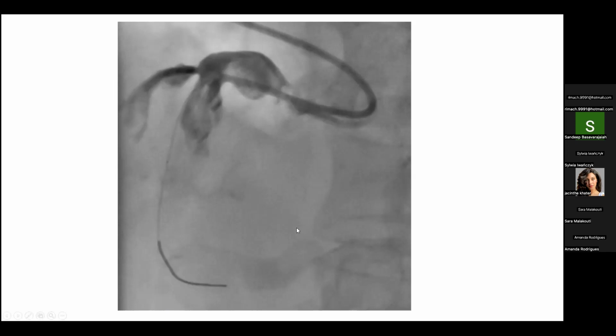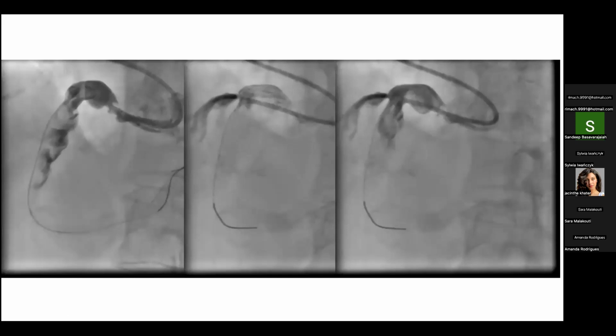Okay, so I will show you another picture. On the first one, this is the RCA. This is the whole RCA, occluded with huge thrombus. This is a patient with ST segment elevation myocardial infarction of the inferior wall.